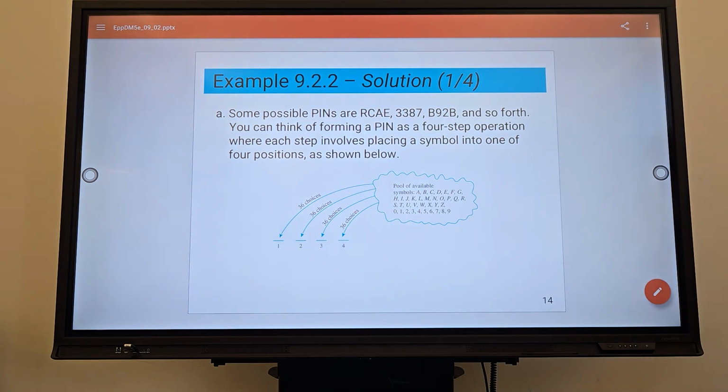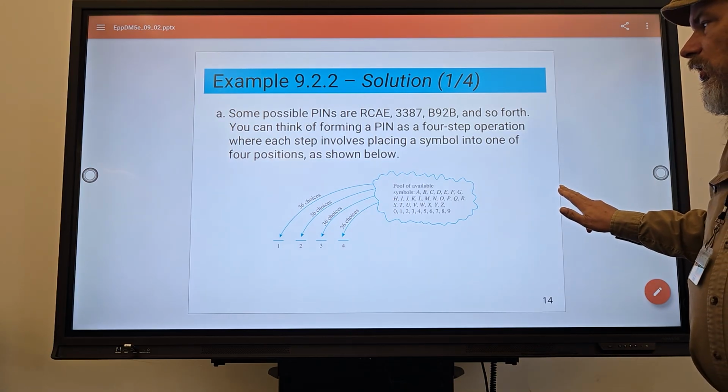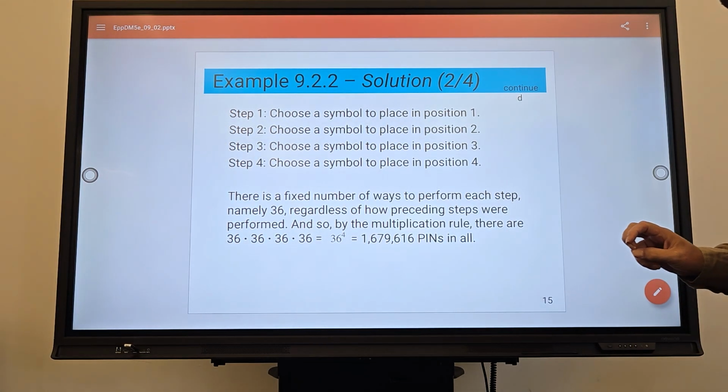So it would be 36 times 36 times 36 times 36, which ends up being a little over 1.6 million PINs in all, or 36 to the 4th power. The number of possibilities raised to the number of positions being used, power.